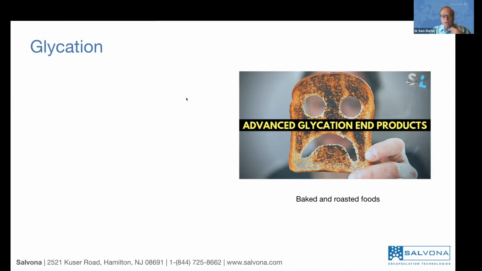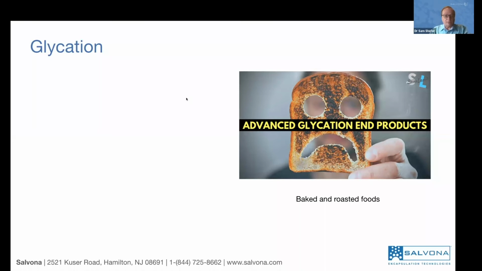You hear the word glucose in glycation. So when you put bread in a toaster and it gets caramelized and brown, this is a result of glycation, a reaction of sugar with protein. You have glycation when you bake and roast food. So this is the simple way.